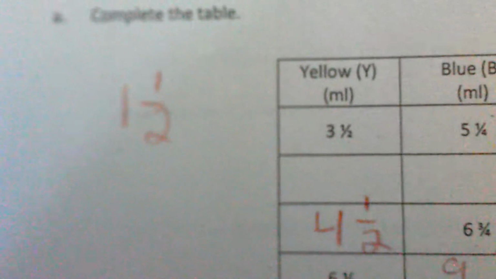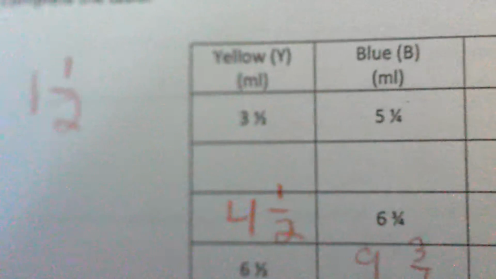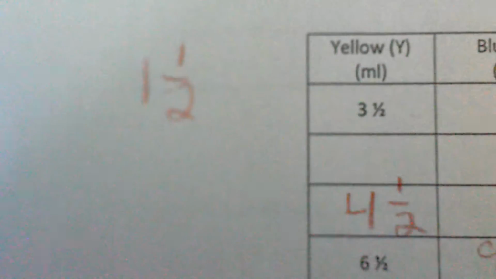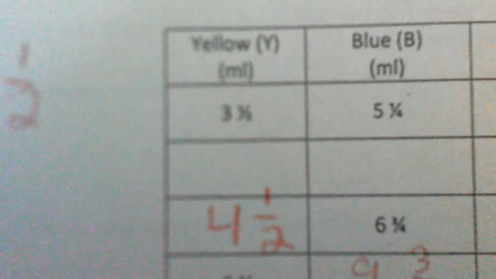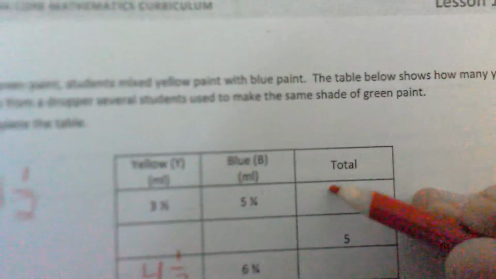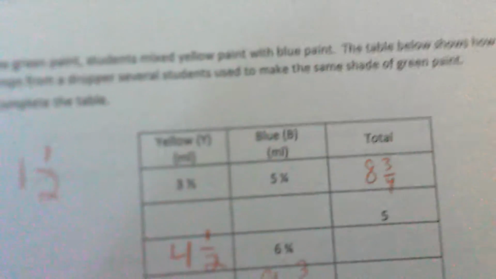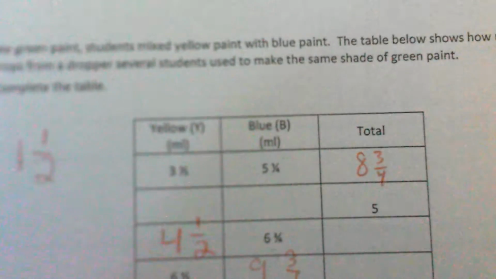Okay. Now remember for my total. Total means the total amount. So I can add up the yellow and the blue to give me my total. So 3 1/2 plus 5 1/4 is going to give me 8 3/4. Once again, if you cannot solve it in your head, you can always do it on your calculator.